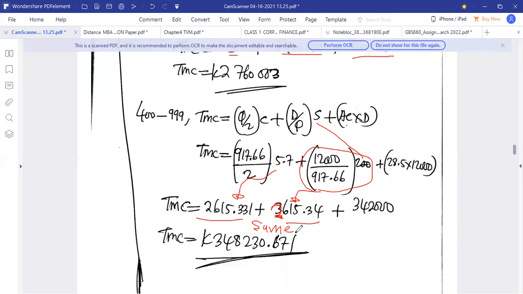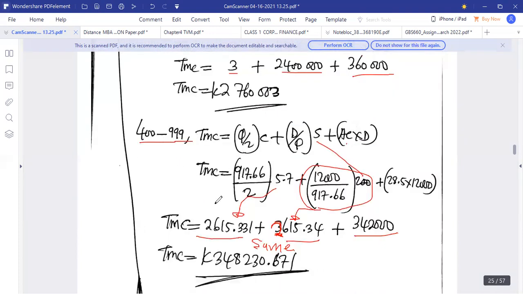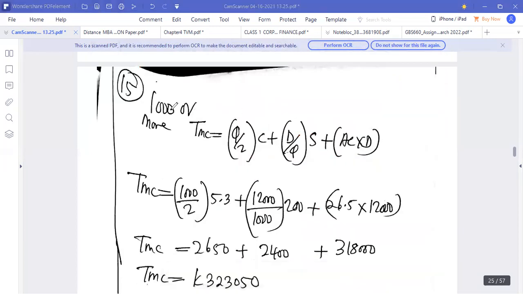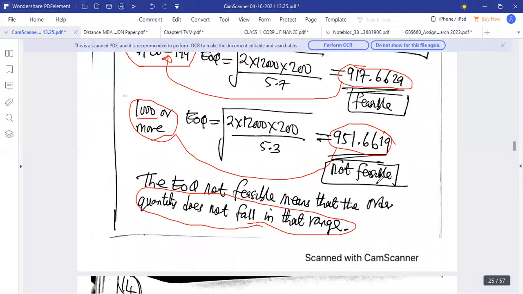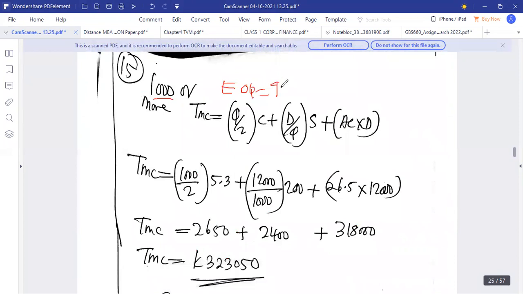Then we have this other one. So we have gotten this one, the 348,230.67. This is the total material cost for this range. Then we go for the last range. So last range, we are getting this. And since the EOQ we found here was 951.6619, it was not feasible.